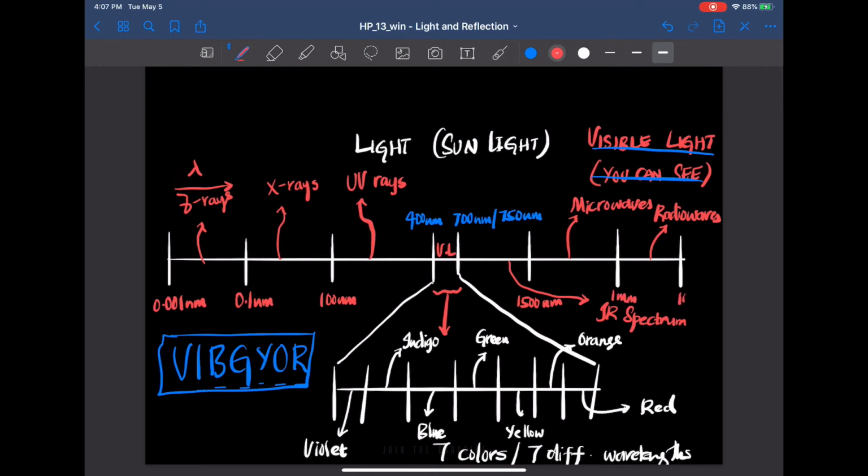From 1 millimeter, it can go until 10 kilometers for radio waves. So microwave radiation is smaller, and then you end up with radio waves, which are much larger in length, right? So this is the idea behind the understanding of the spectrum of light. This here is the electromagnetic spectrum.